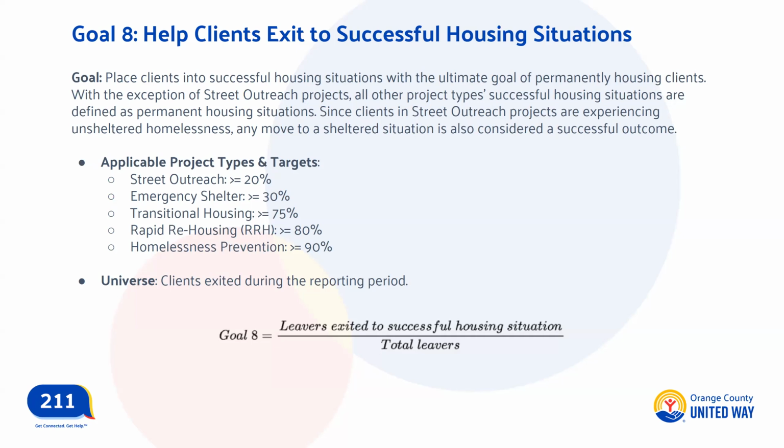The universe of clients included in this measure would be any client that exits during the reporting period. Similar to our other goals, we also have a visual there to help explain this measure. It's going to look at all leavers exiting to a successful housing situation divided by all total leavers.